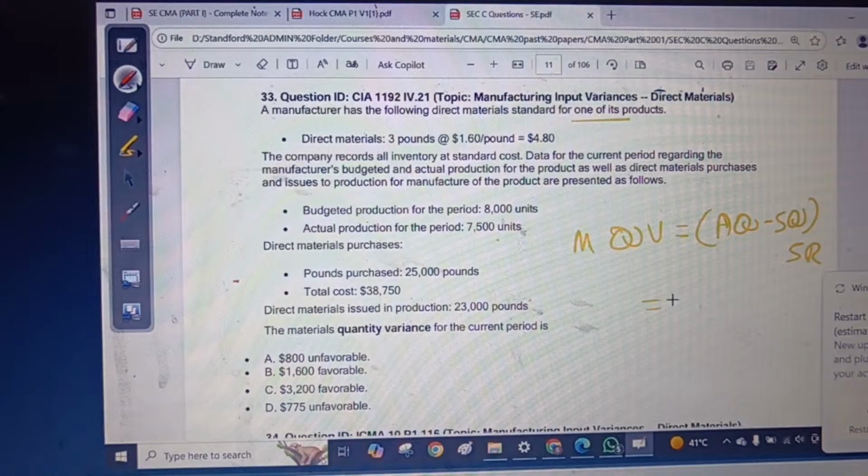Actual quantity? I want it from the figure.